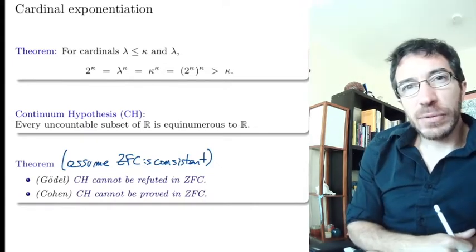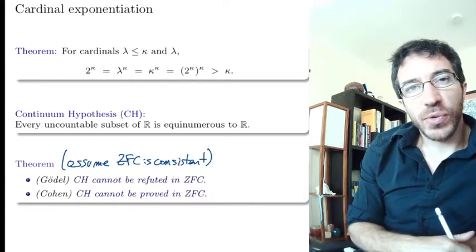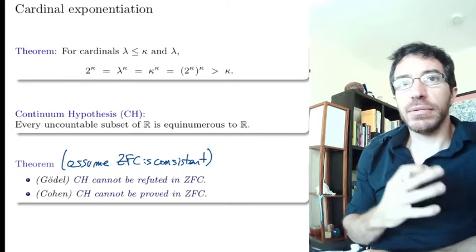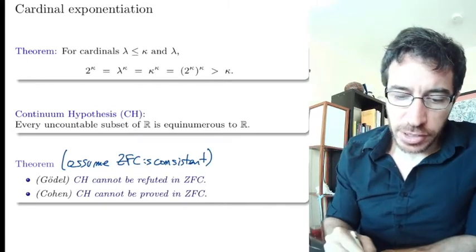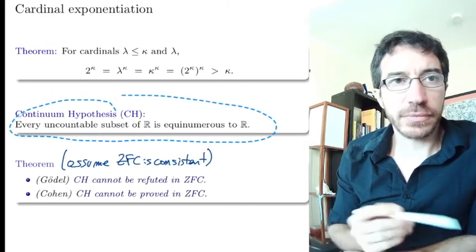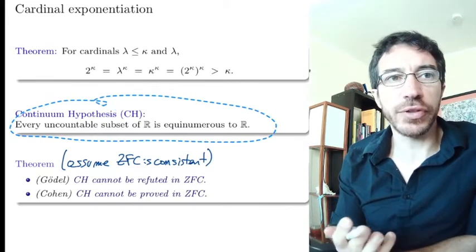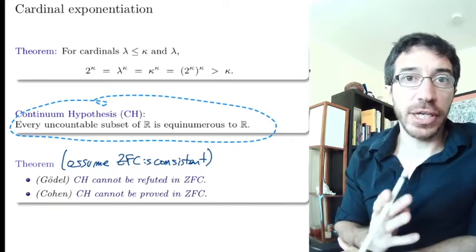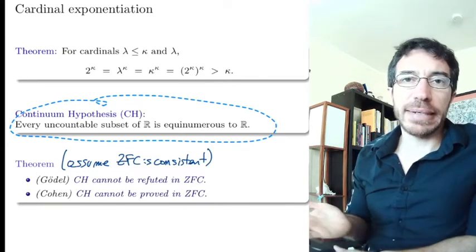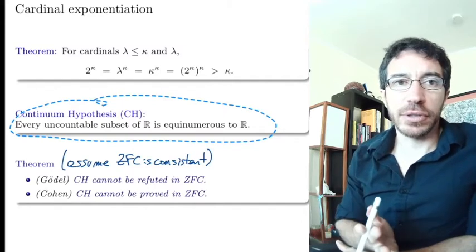So this says that at least if you're only doing work in ZFC, the continuum hypothesis has no answer. You cannot prove it true, you cannot prove it false. There's still a lot of work on this because you still believe it has to be either true or false.